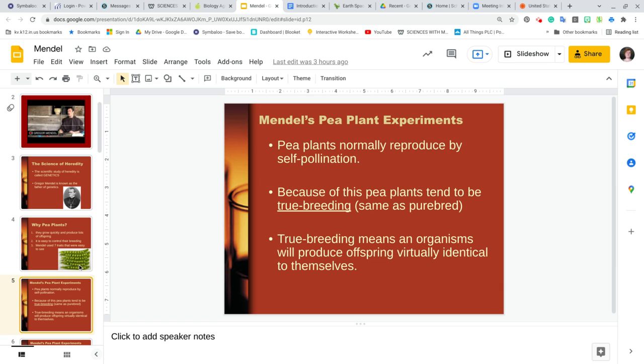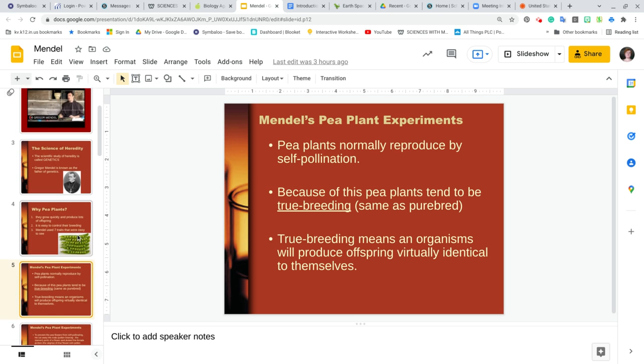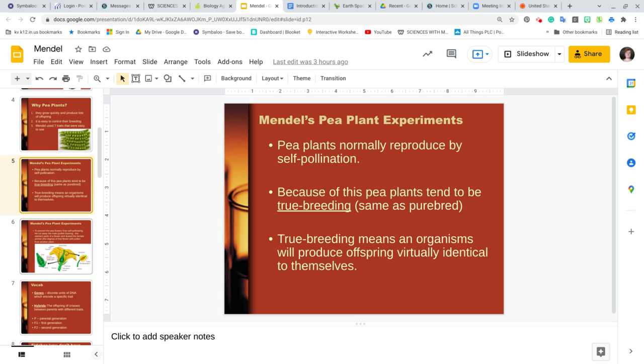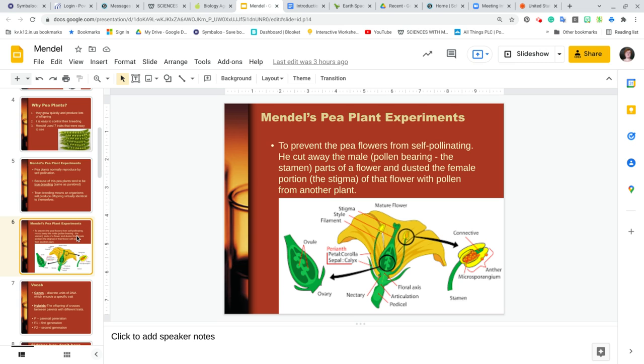Because they can reproduce by self-pollination, unless you cross-pollinate or some bees come around cross-pollinating, the offspring are true breeding. They are virtually identical to themselves. Again, something you don't see in animals very often. It takes a lot of work to do that in animals.